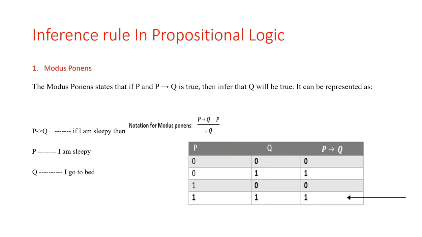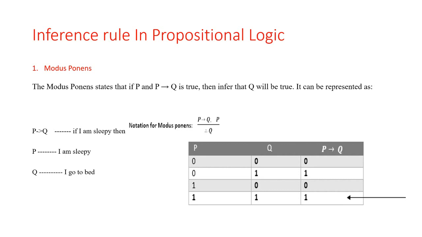In propositional logic, there are some inference rules present. There are two types of inference rules. The first one is the modus ponens rule, and the second one is modus tollens. First we discuss what modus ponens is.